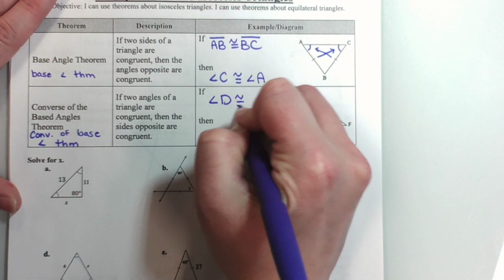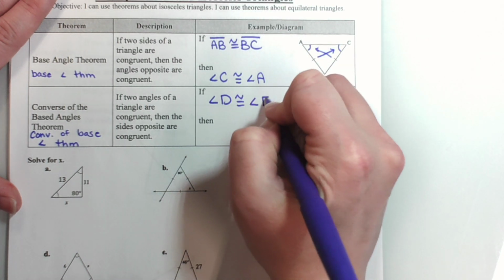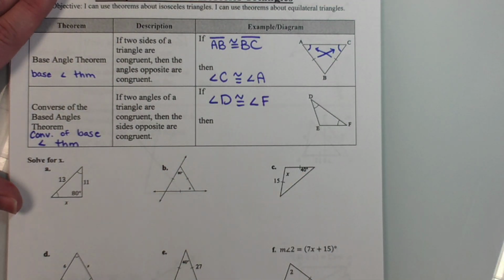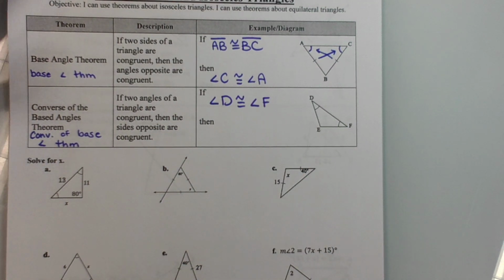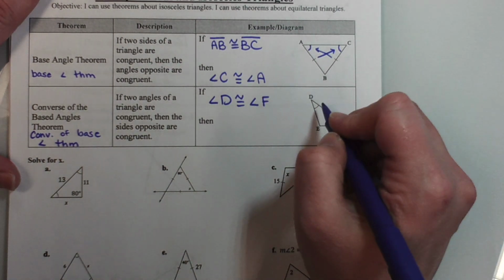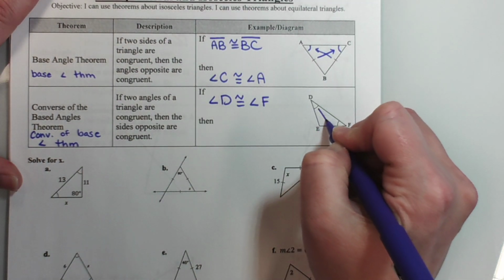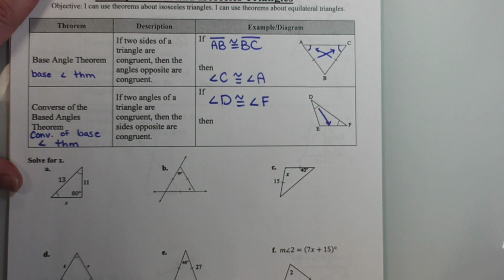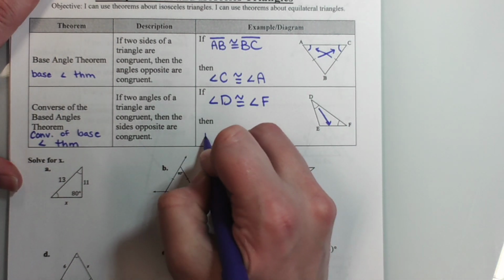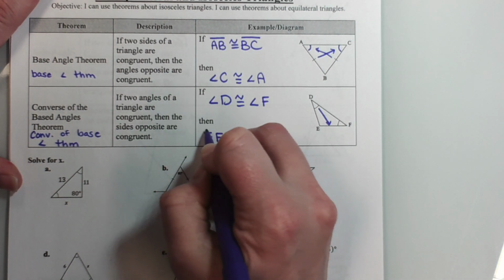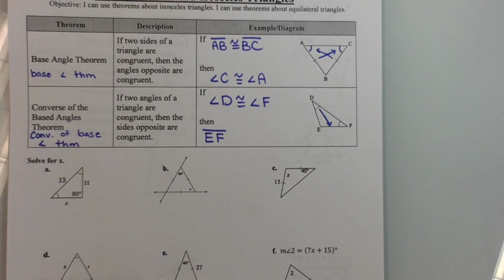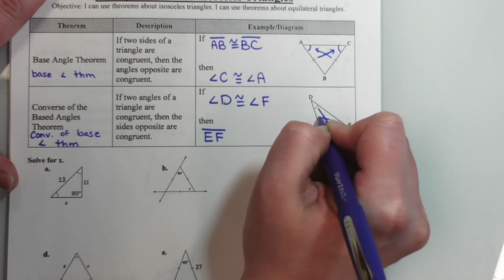I was given that angle D was congruent to angle F in this picture. The sides across from them are also then congruent. Across from this angle is this side, because angle D does not touch side EF. Angle F does not touch side ED.